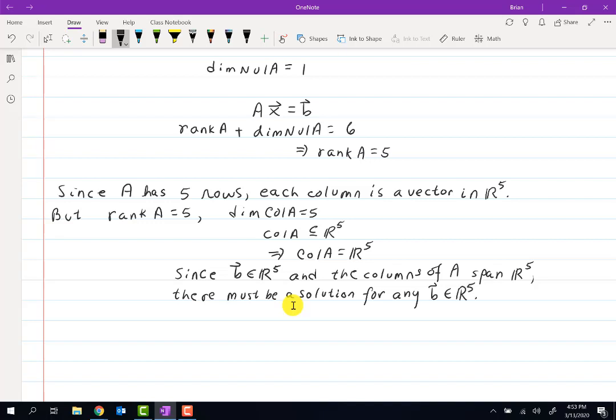Recall, AX is simply a linear combination of the column vectors.